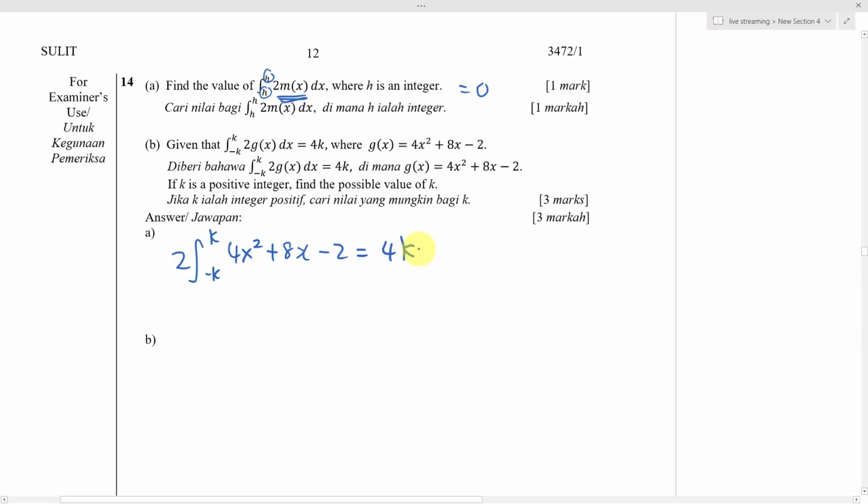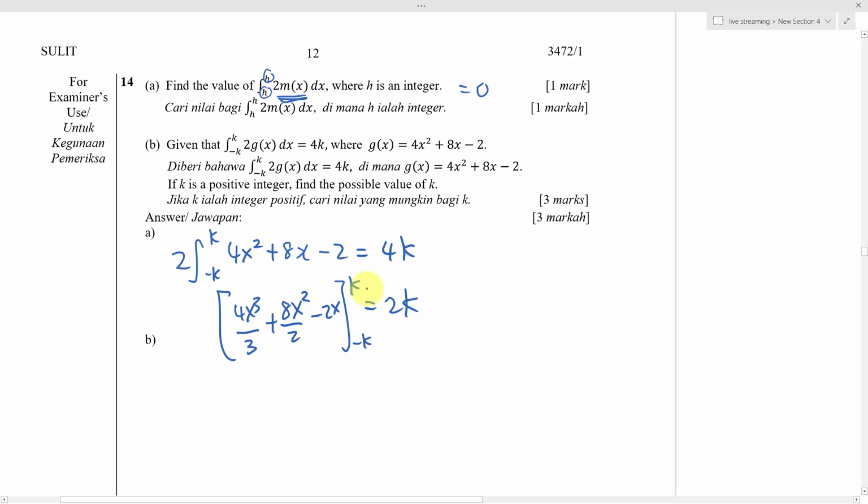Okay, let's do it. 2 I will move to the other side, it will divide 2, so it will become 2k here. And then here I will just integrate it. This one is 4k cubed over 3 plus 8x squared over 2 minus 2x. And then the limits should be negative k and k.